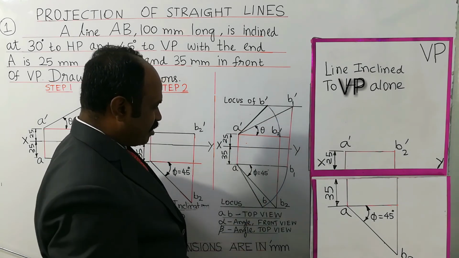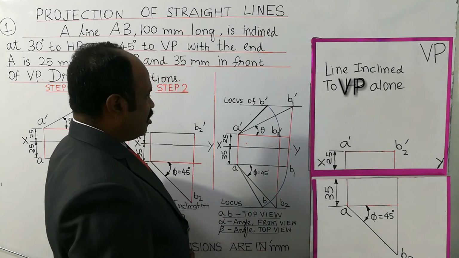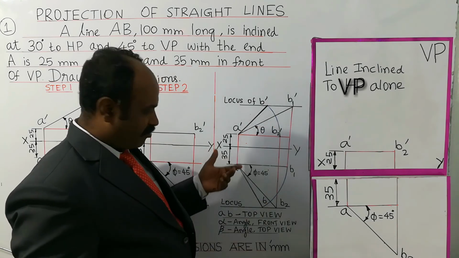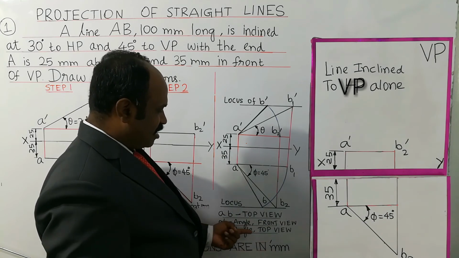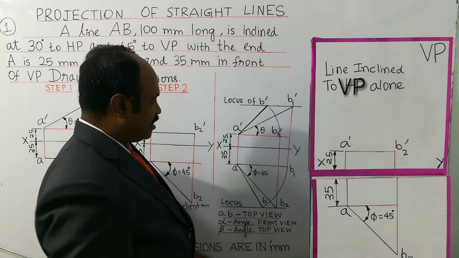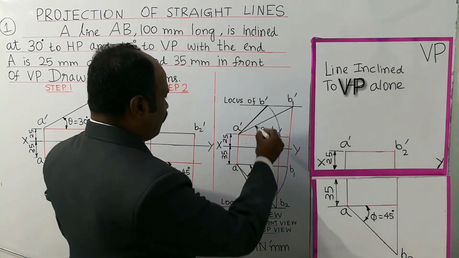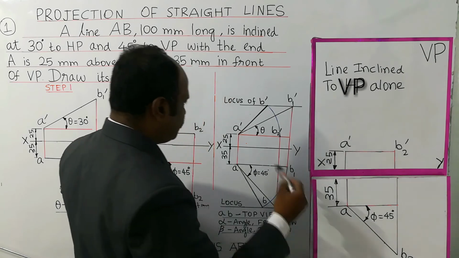Further, there are two more angles called alpha and beta. Alpha is the angle of inclination of the front view with HP, and beta is the angle of inclination of the top view. Here the angle of inclination is alpha. I have to mention it in the diagram.